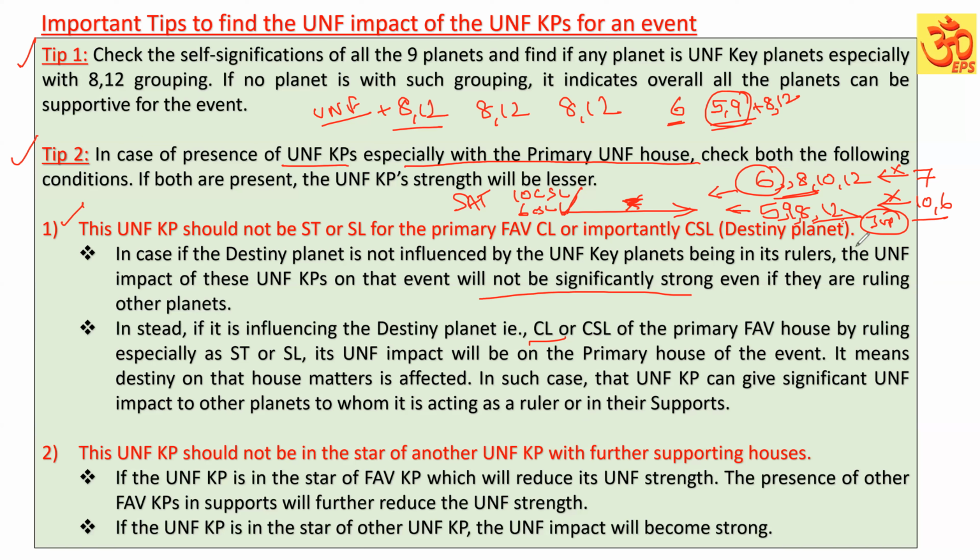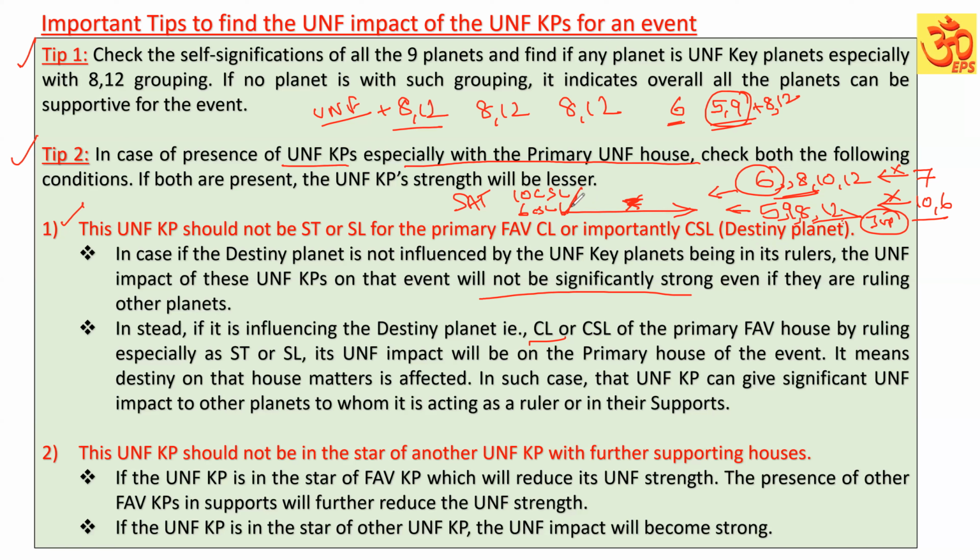In such case, any planet in the star of Jupiter or sub of Jupiter, they will tend to give strong unfavorable impact on the 10th house matters or 6th house matters, because what it indicates, the unfavorable key planets are making the destinies weak. If they are playing as the star lord or sublord for other planets, their impact is going to be on that destiny matters. That is the 10th house matters or profession matters.